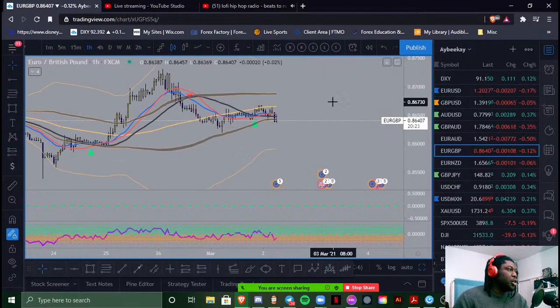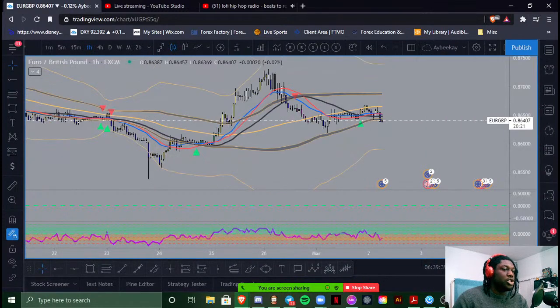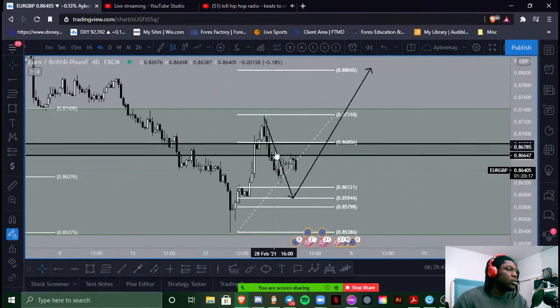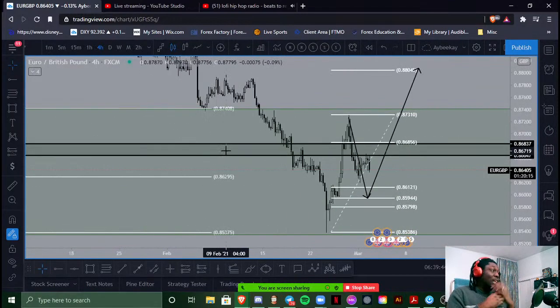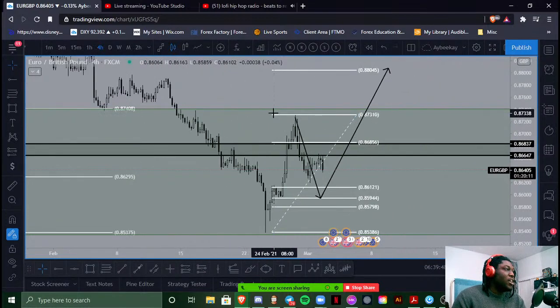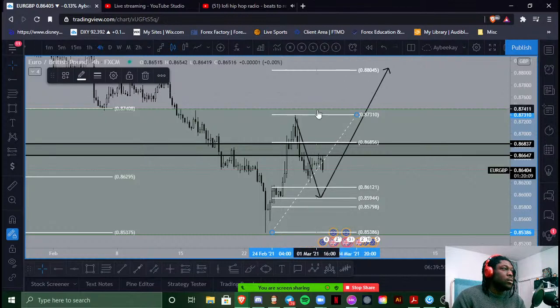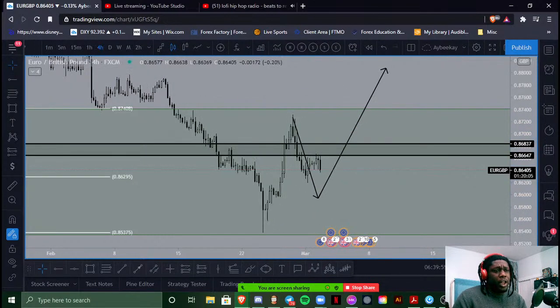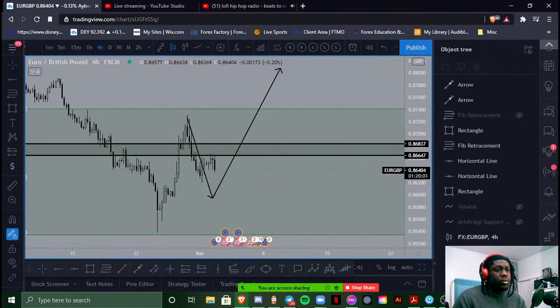Let's go on over to the EURGBP. So glad I didn't buy this. All right, so EURGBP, same thing with EURAUD. It's very much bearish, and if you look right here, which I didn't even notice until right now, or did I? Let me see. No, I did not.